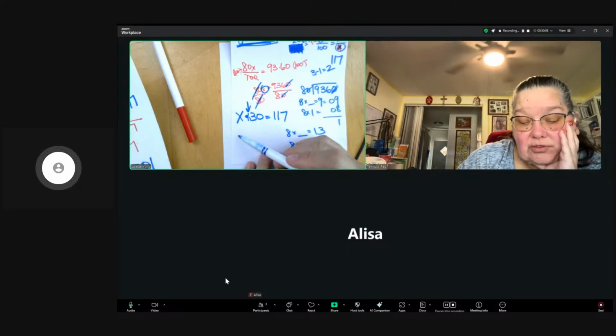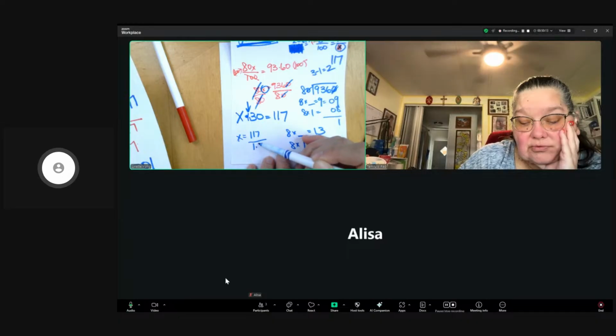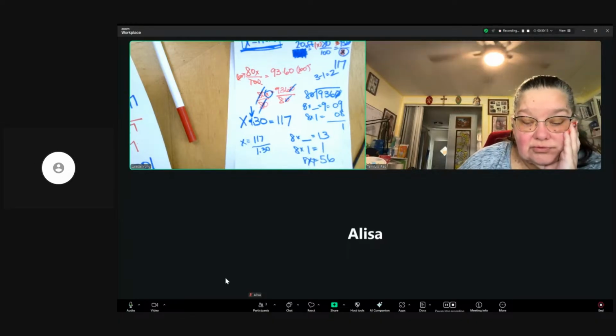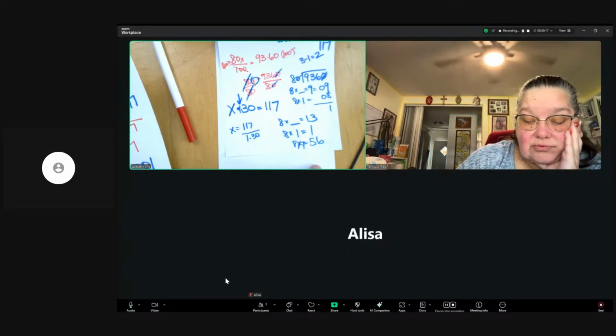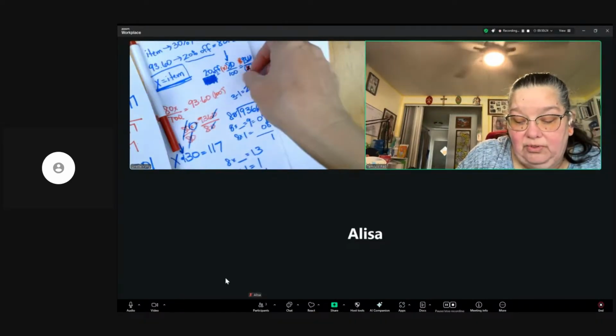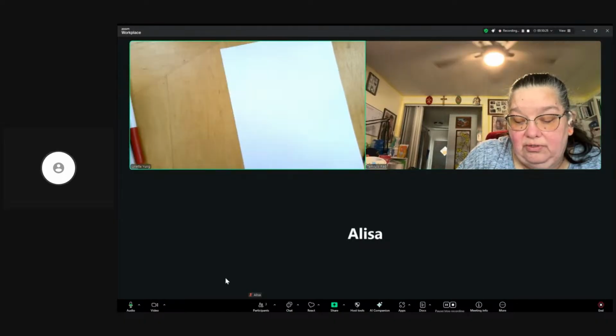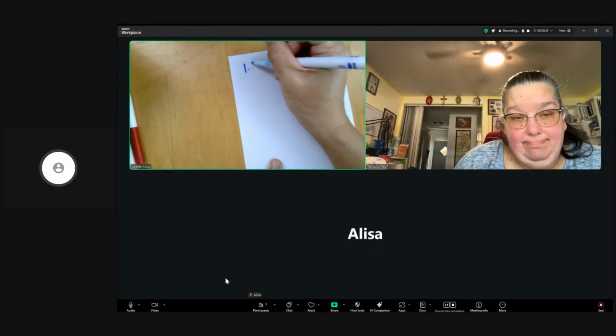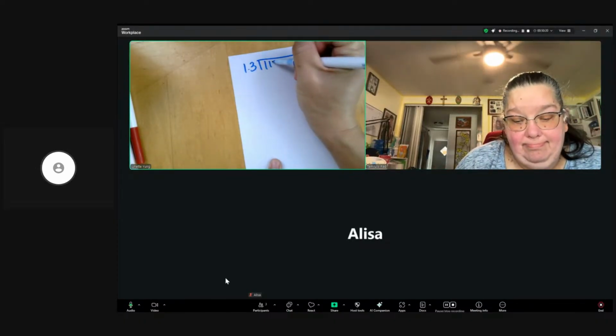So x is equal to 117. Divide that by 1.30. So what are we doing? We have 1.3, divide that by 117.